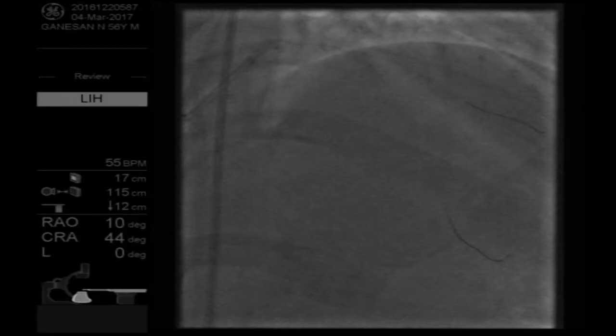It seems almost as if, this is one of the things you learned from the OCT. Otherwise, I would not have used a cutting balloon at all in this case. But just because we use OCT, we are thinking of using a cutting balloon.